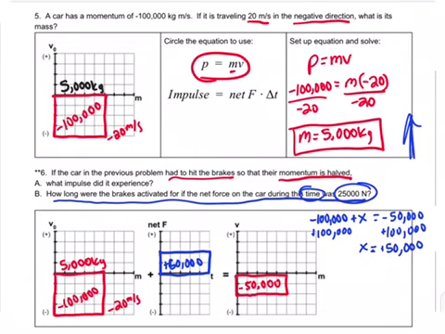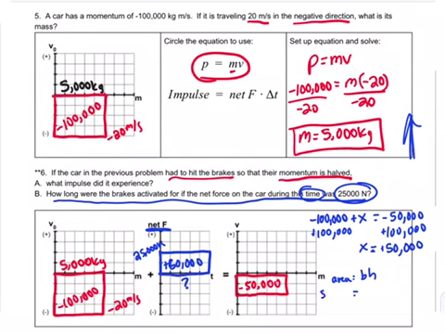Since we're dealing with an impulse chart, we know that this rectangle was 25,000 tall because this is the net force axis. So we just want to figure out the base of this rectangle. Here we're just going to do area is equal to base times height.